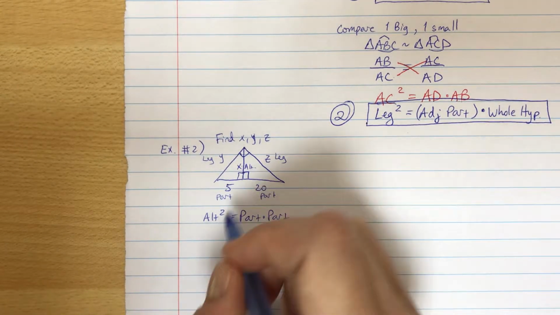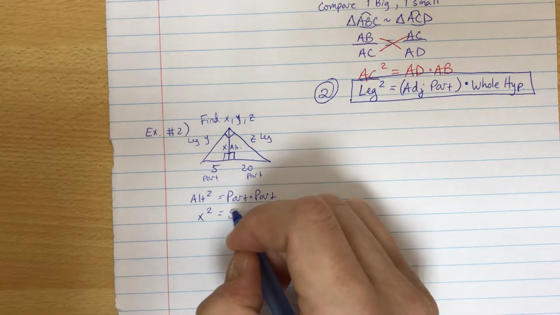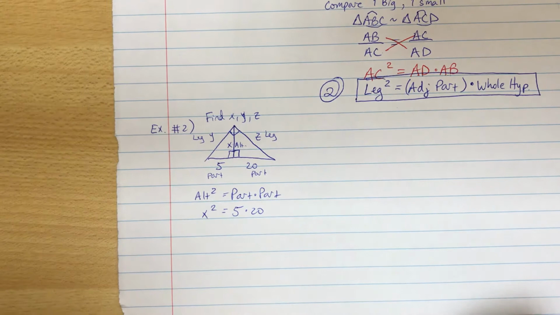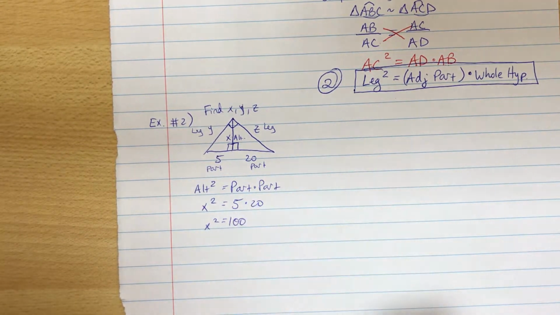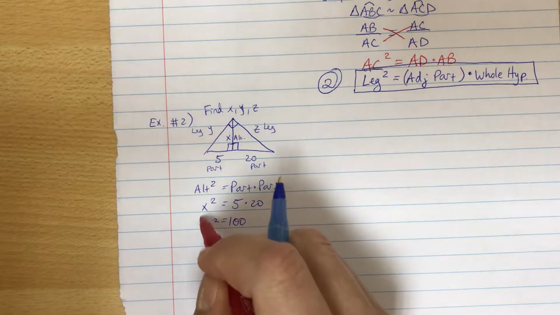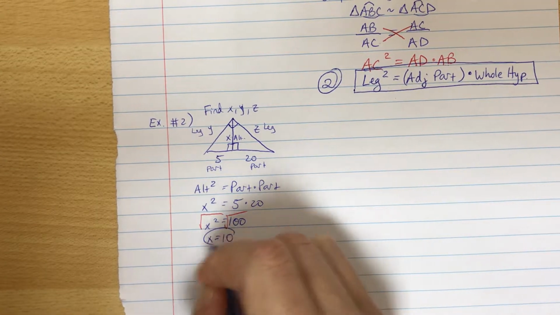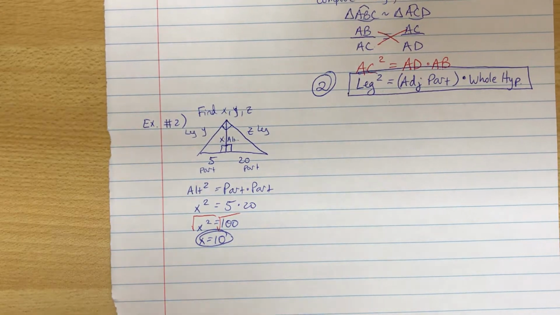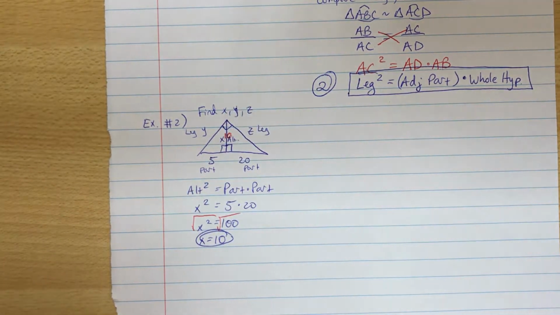The altitude is x, so x squared equals part 5 times the other part 20. And now we solve. 5 times 20 is 100. To solve that, you take the square root of both sides, and you get x is equal to 10. Okay, so that's not too bad. So we found that x is 10. At this point, you actually have some options.